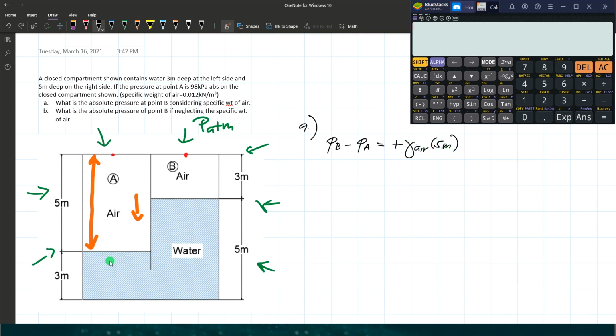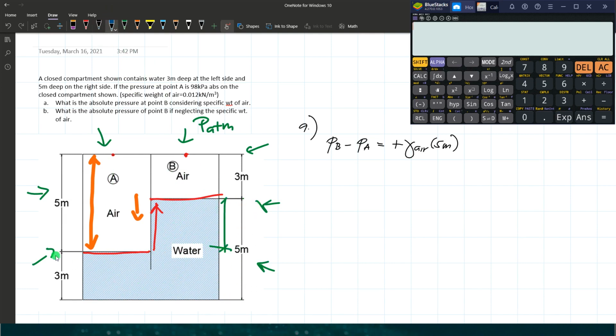Next we have the fluid that is water. Starting here and ending there, it is going upward, since our direction is from point A going to point B. What is the vertical distance between the surfaces of water on the left and right side?